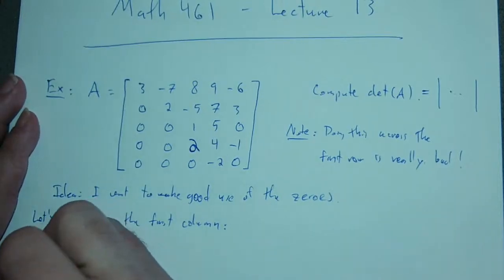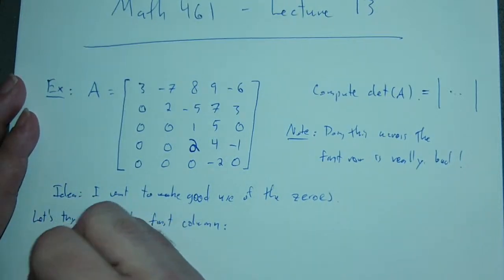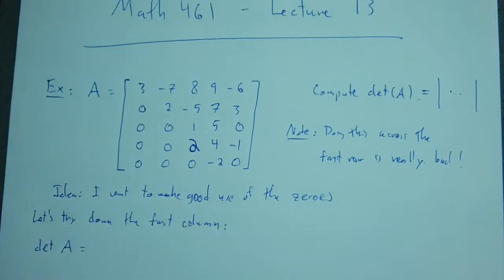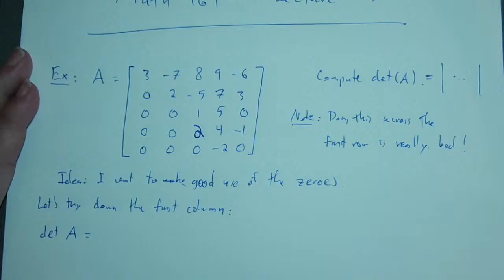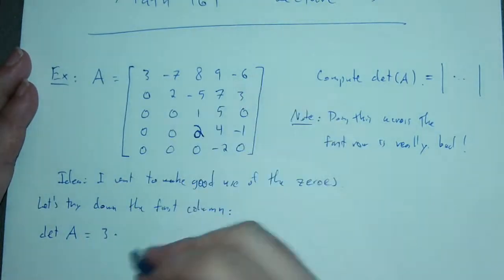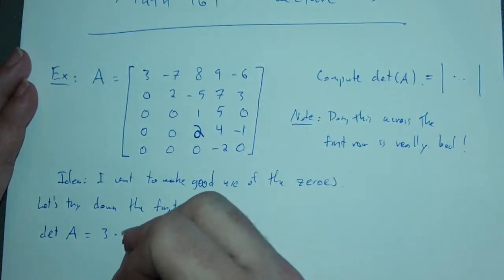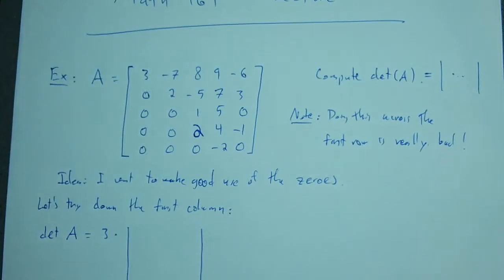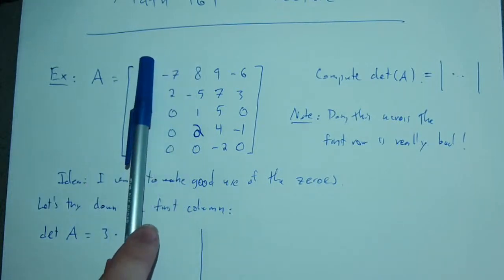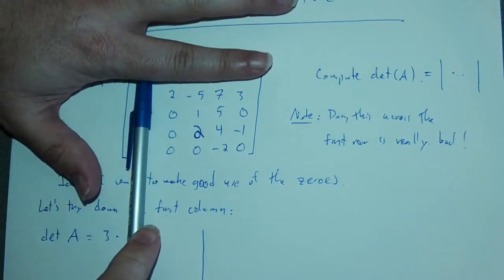So if I go down the first column, what's the determinant of A? Well, it's going to be 3 times the determinant of what matrix? It is going to be a 4 by 4 matrix. So let's see. What matrix is this going to be? I'm going to cover first column and first row.